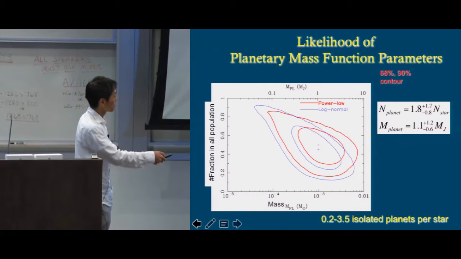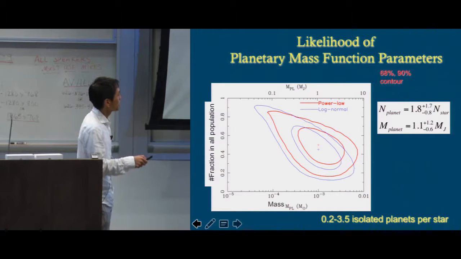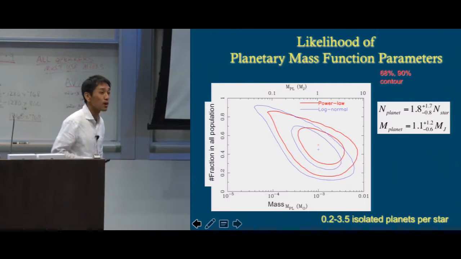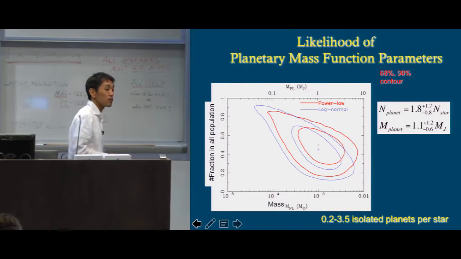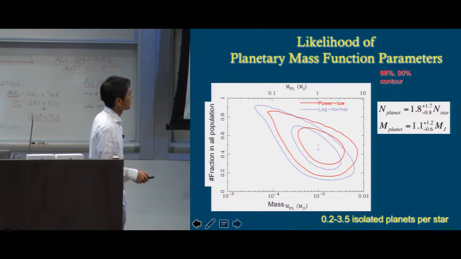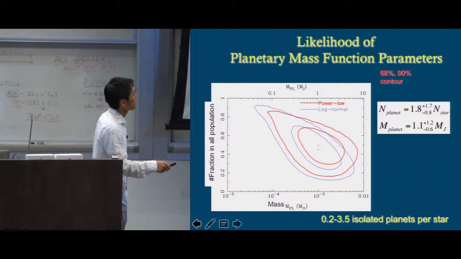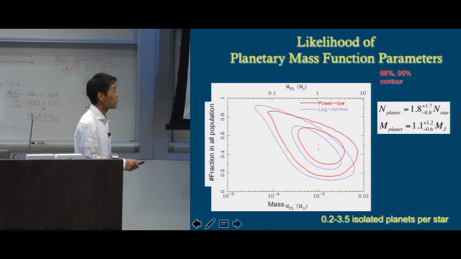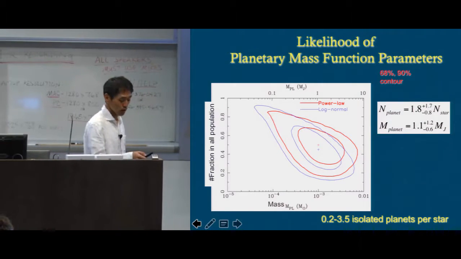But as you know, the error bar is very large. Within the 2 sigma level, this can be about 20% of the main sequence stars. And also the uncertainty of the mass of the planet is very large. It can be about a sub-brown dwarf, and it can be about Neptune mass.